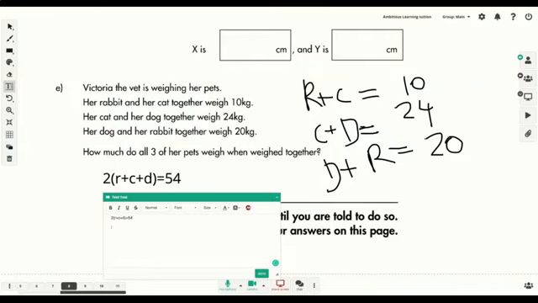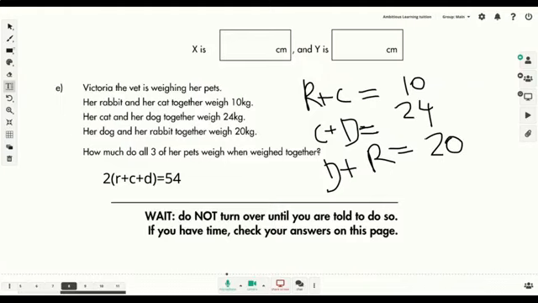But there are 2 of them, so try finding the sum of the 2. Twice 10, then twice 24, multiply each of these by 2.